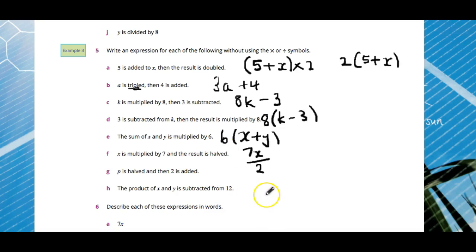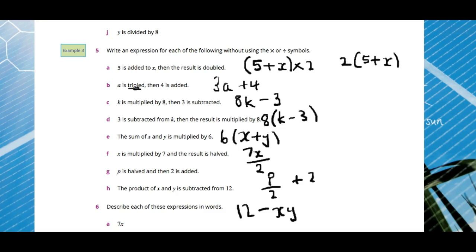P is halved and then 2 is added. The product of x and y is subtracted from 12. So the product of x and y is just xy. So remember, product means to multiply, and is subtracted from 12. So we're going to have to do 12 minus xy. So a little bit tricky.